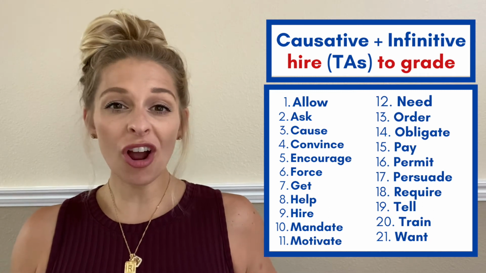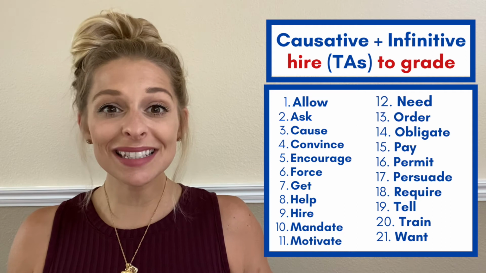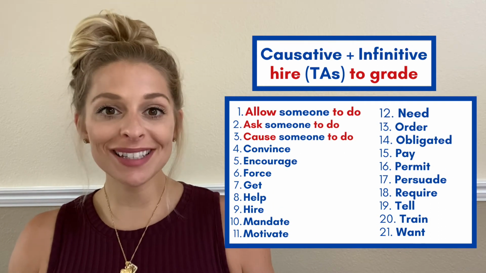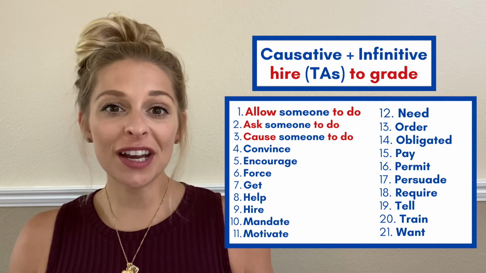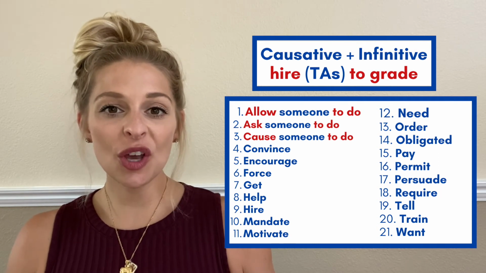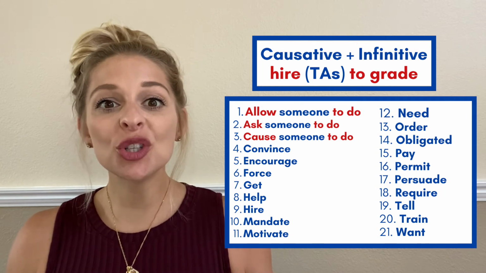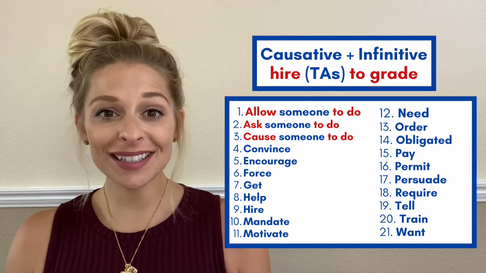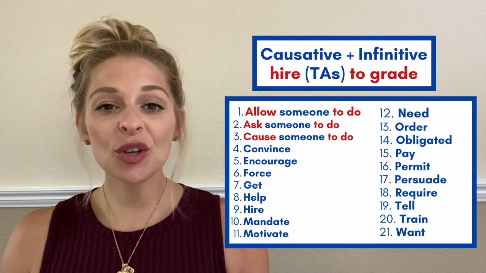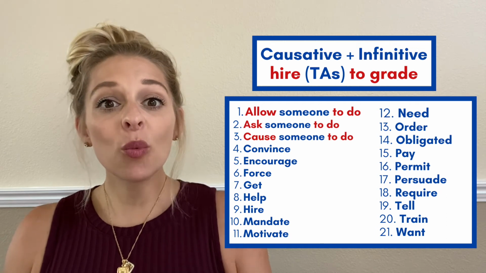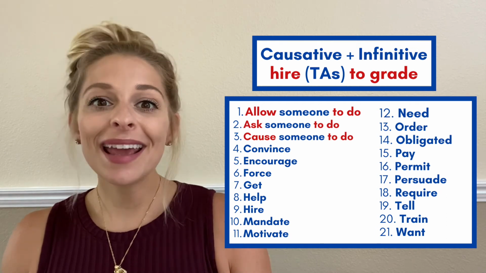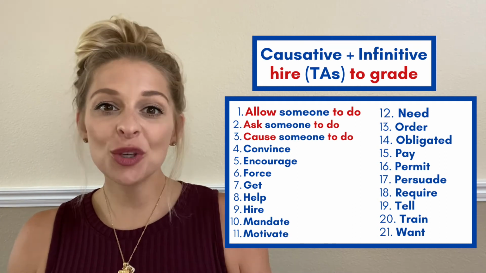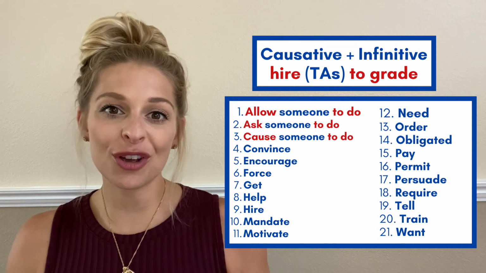Now, it can be really hard to just memorize this list. So what I like to tell my students to do is to memorize these verbs with the infinitive attached to it. So allow someone to do something, ask someone to do something, cause someone to do something. If you can remember the verb with the to next to it, it will come more naturally and you will start to automatically use the correct verb form after the causative.